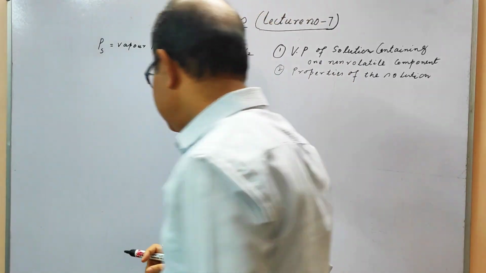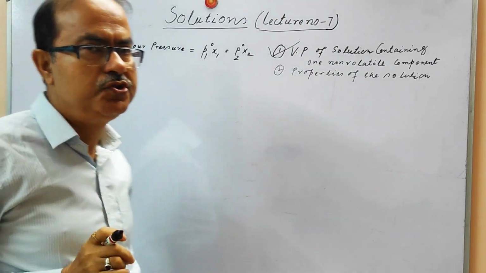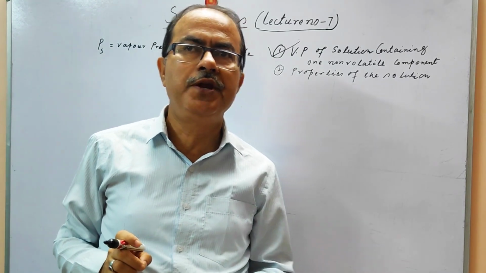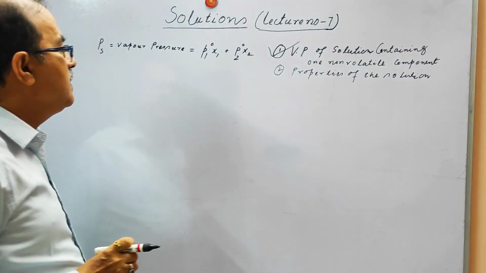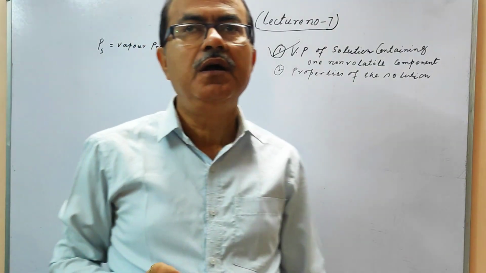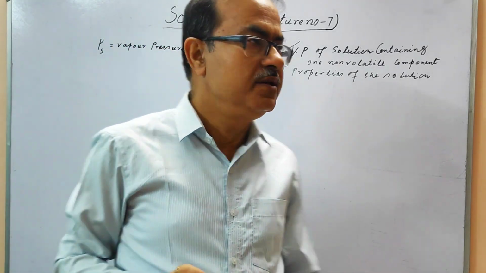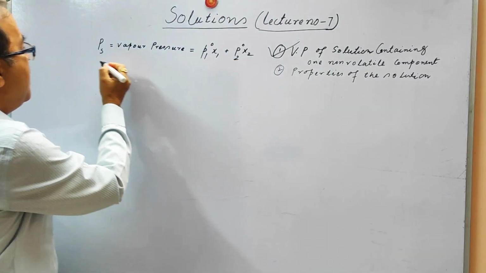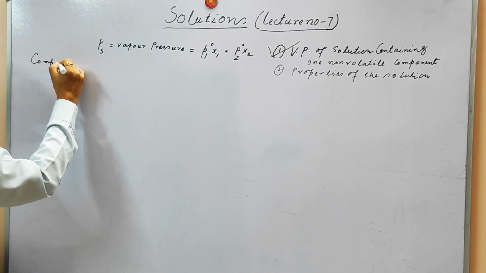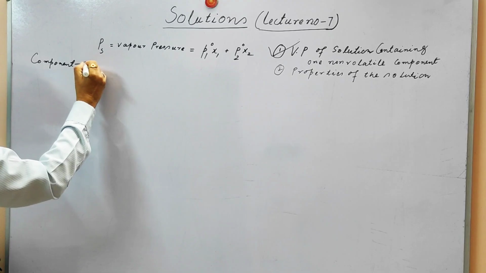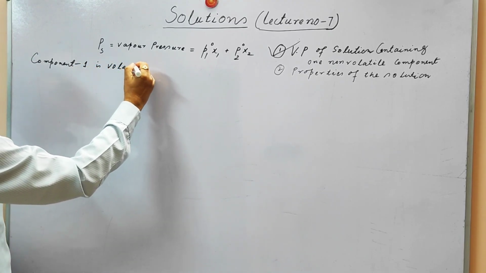So first let us understand this first part of the lecture, that is the vapor pressure of the solution which has one component non-volatile and the other component volatile. We can easily understand that the vapor will be created by the volatile substance. Suppose component 1 is volatile, right?